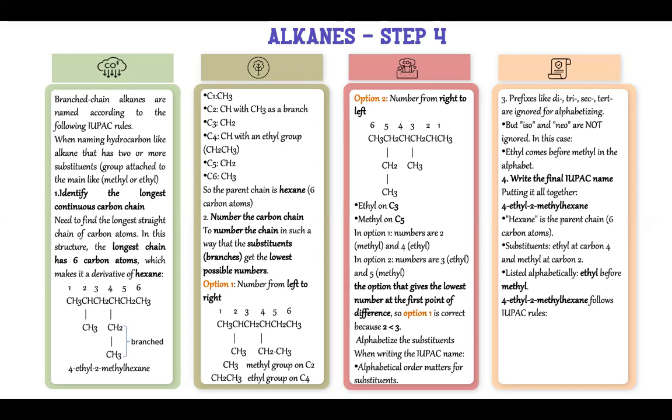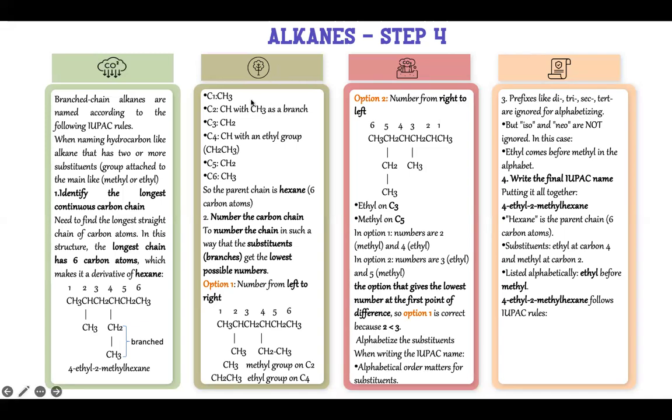When naming hydrocarbons like alkanes that have two or more substituent groups attached to the main chain, like methyl and ethyl, first you need to identify the longest continuous carbon chain, where you need to find the longest straight chain of carbon atoms. In this structure, the longest chain has 6 carbon atoms, which makes it a derivative of hexane.